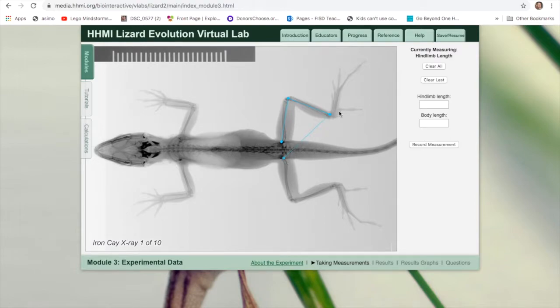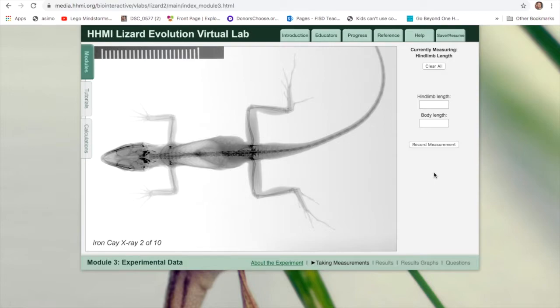That was clear last. Record the measurement. And body length, right to the back of the hips.